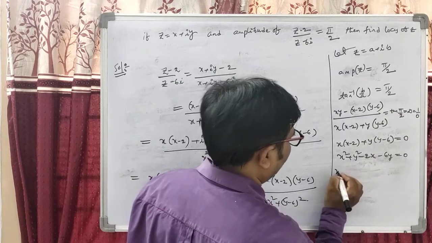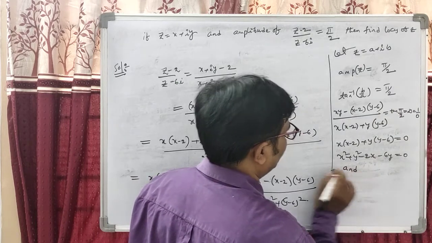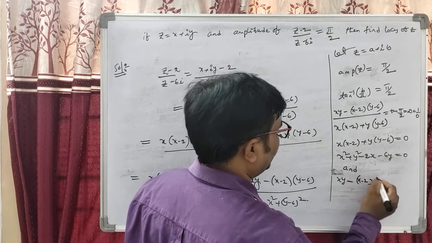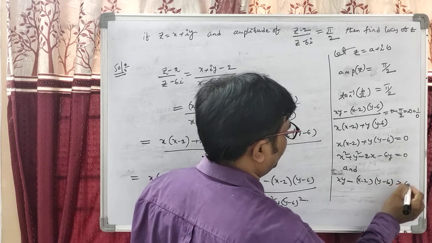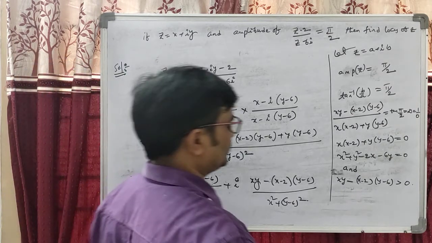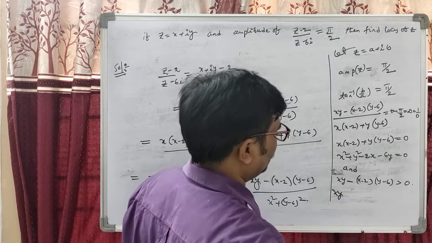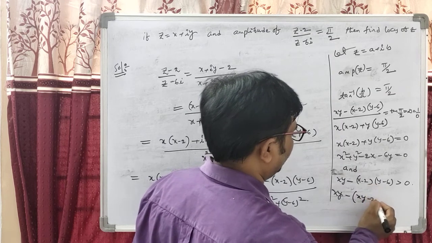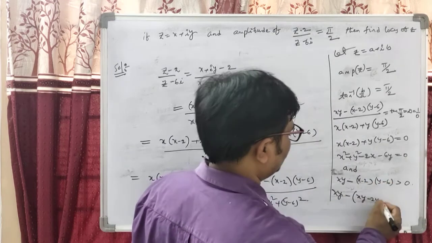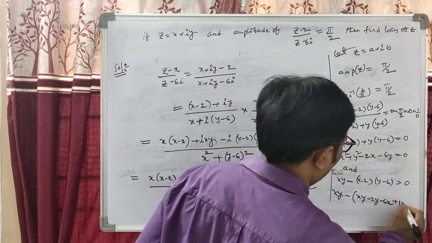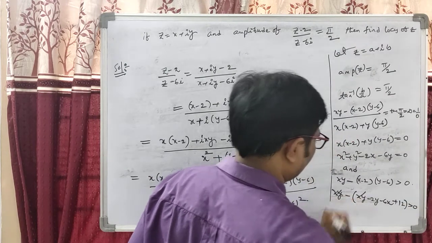And the numerator part, xy minus of x minus 2 into y minus 6, must be greater than 0. How to write this? xy, minus of x into y, xy, minus 2y, minus 6x plus 12 greater than 0. xy cancels.